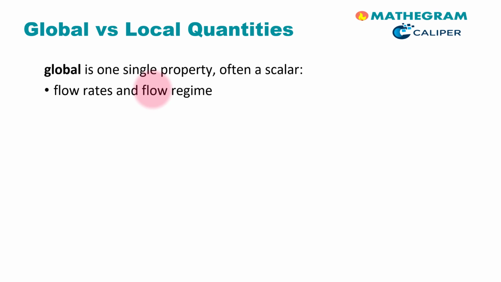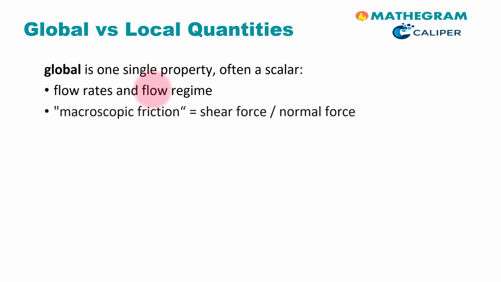Also, we have seen in the previous unit that we often define a macroscopic friction coefficient as the ratio of a global shear force and a corresponding normal force. This somewhat naive definition is, however, often useful when developing rheological models of granular materials.